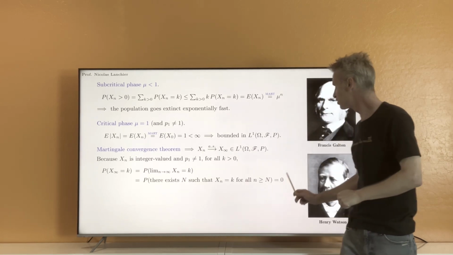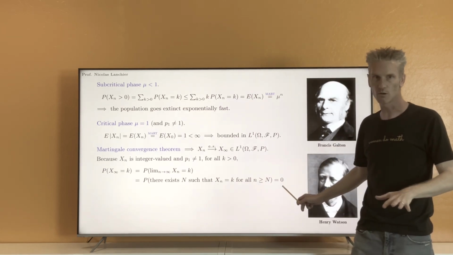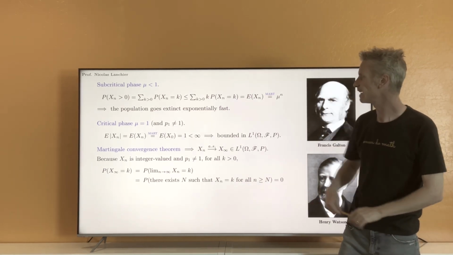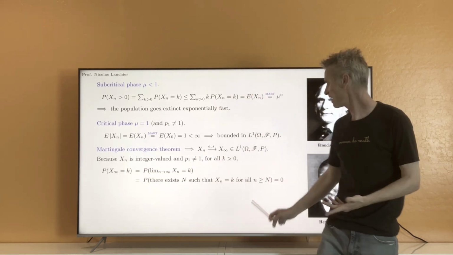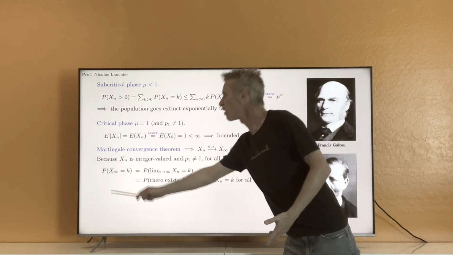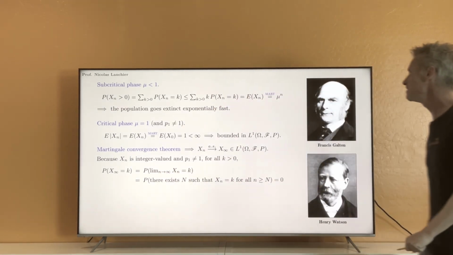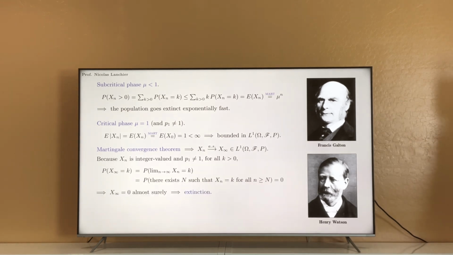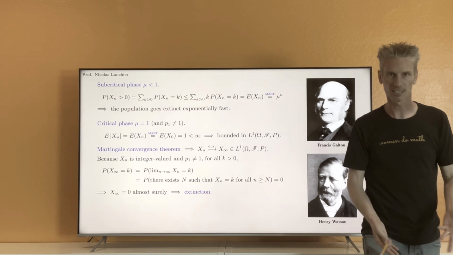So that shows that this event has probability 0. And so if you go back, that says that for all k positive, the probability that X infinity equals k equals 0. So the only possible value for X infinity is 0. So X infinity is equal to 0 with probability 1, almost surely, which shows indeed extinction.